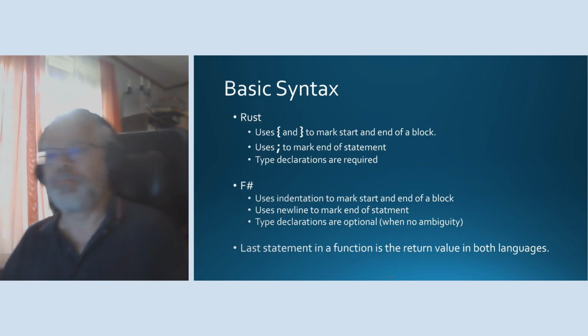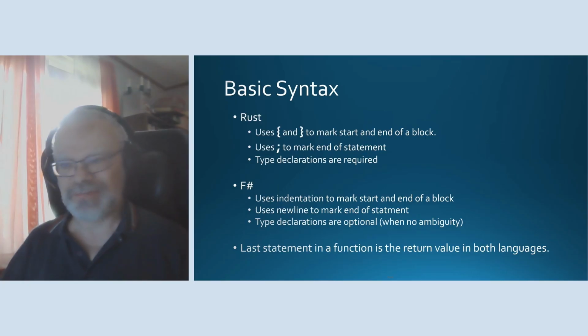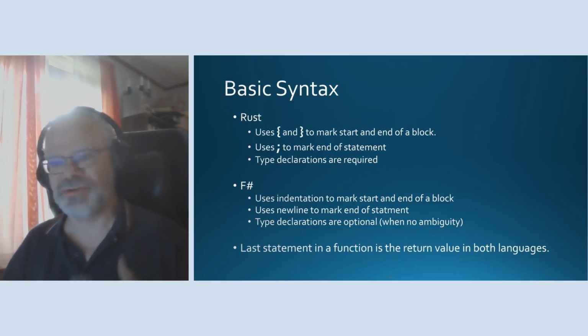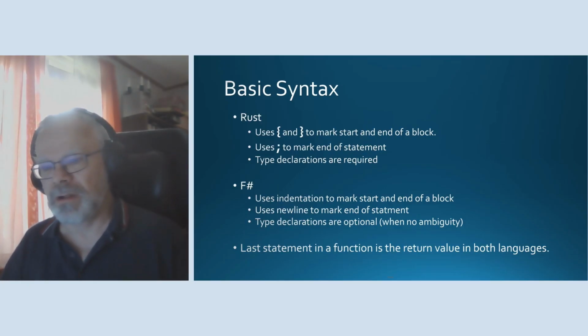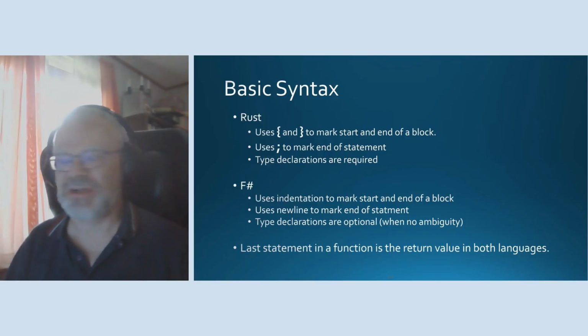If we take a look at the basic syntax, Rust uses curly braces to mark start and end of a block, just like C++. And it uses a semicolon to end a statement, also like C++. And type declarations are required in your functions. Whereas in F# we use indentation to mark start and end of a block, just like Python.